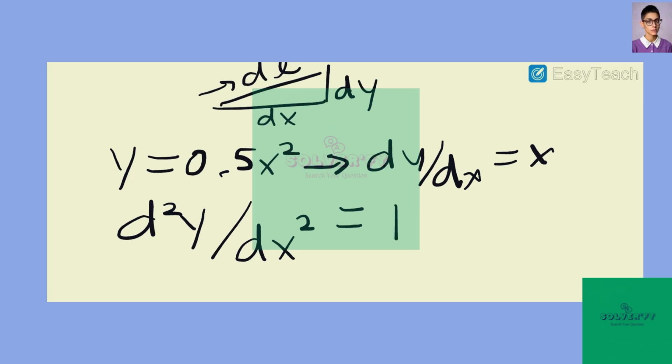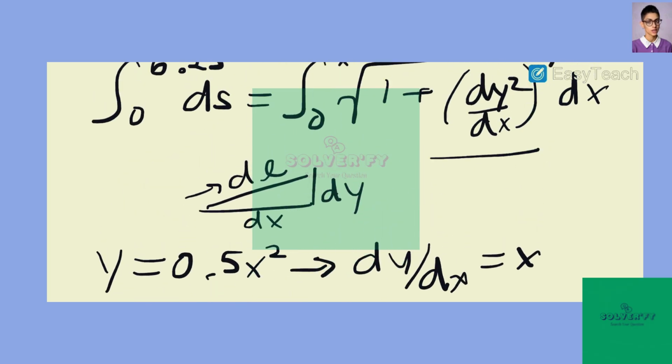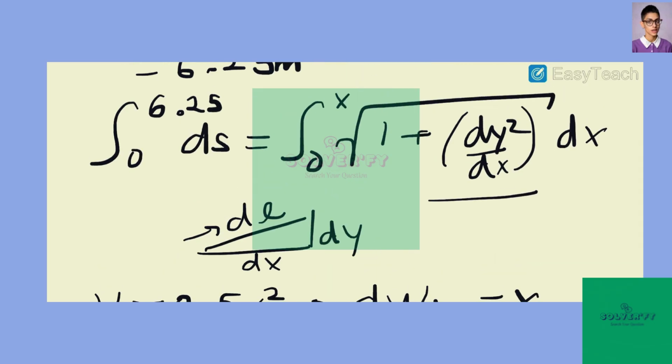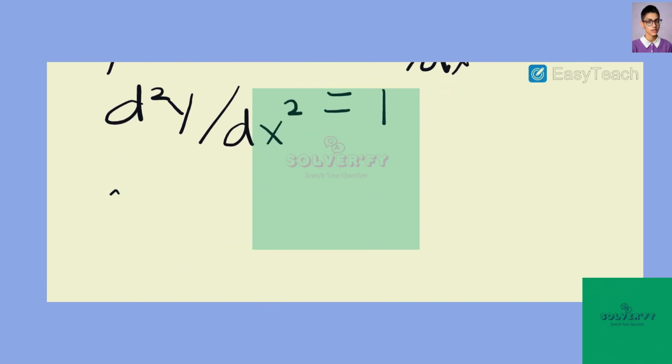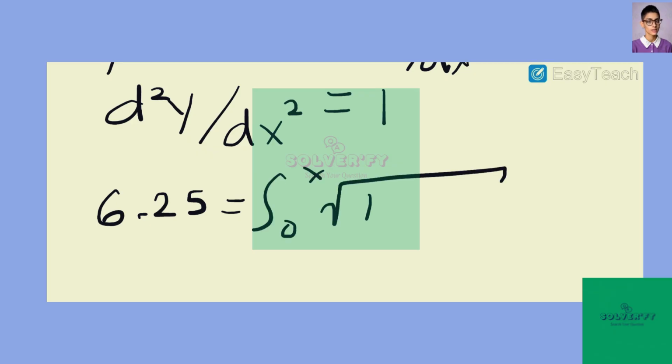So we can plug these known values into our expression here. Also, this squared should be outside. And what we end up with is that 6.25 is equal to the integral from 0 to x of the square root of 1 plus x squared, dx.